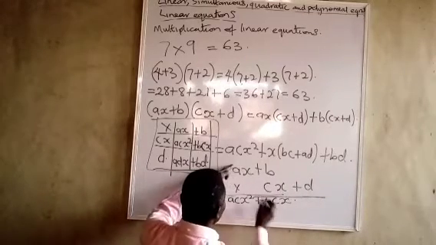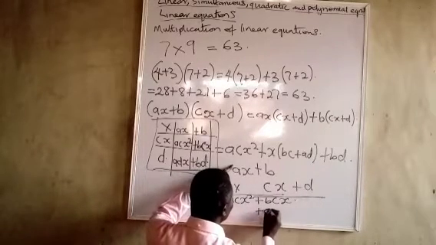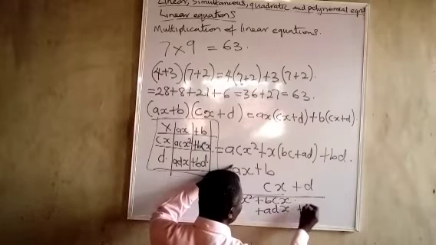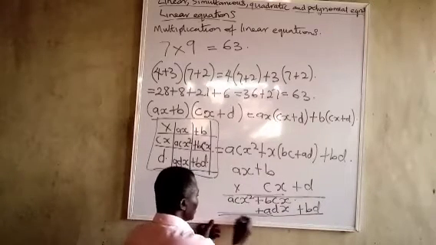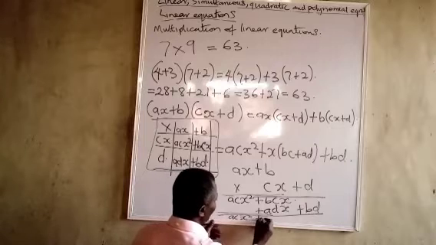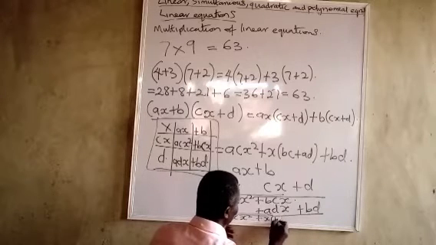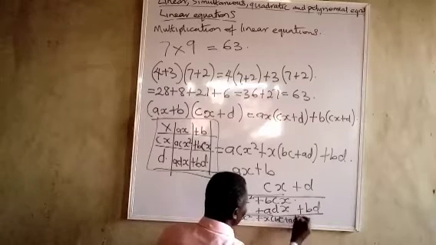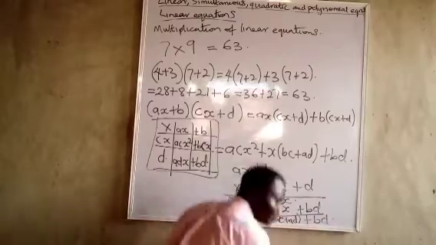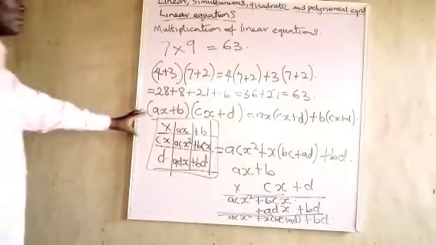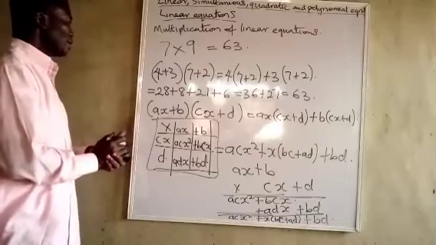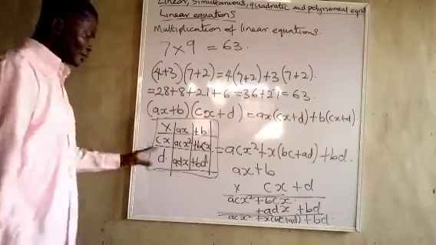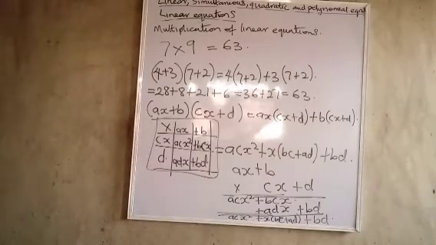D now, I will use it to add, so it will be adx plus bd. Now, I just bring out the total here: ac x squared plus x into bc plus ad, plus bd. So you can see, it brings you the same answer, depending on what you would like to do. It depends on your own flair for any technique.